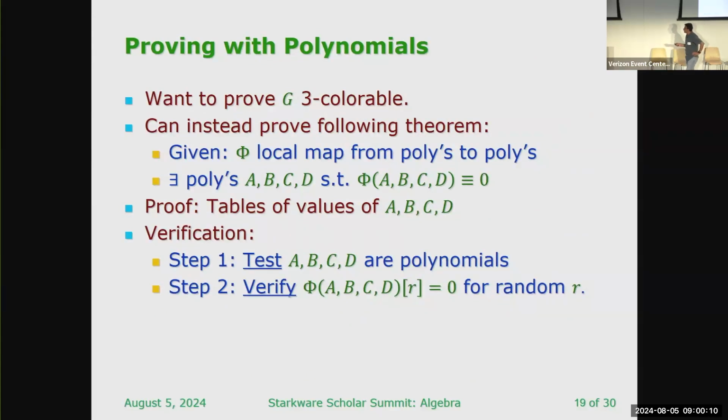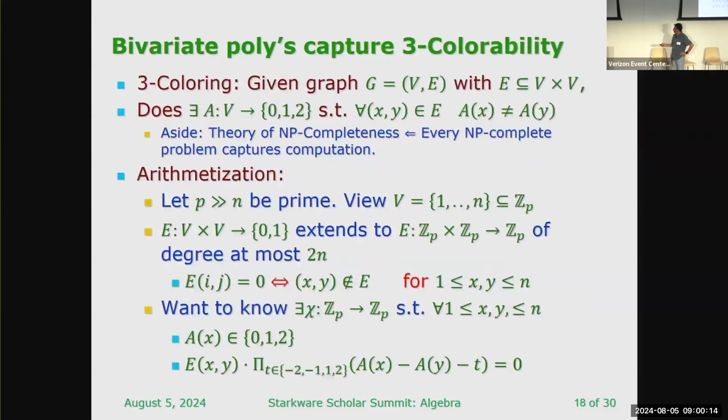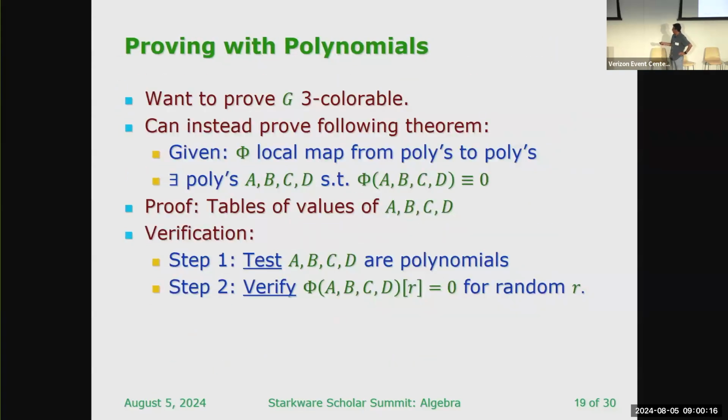And the claim is that I can actually, based on just this previous reduction, this page, and I'll tell you the key on the next slide, I can create a proof for 3-colorability, which will ask you to write down the values of 4 polynomials.